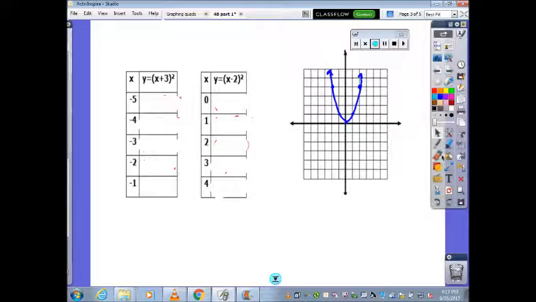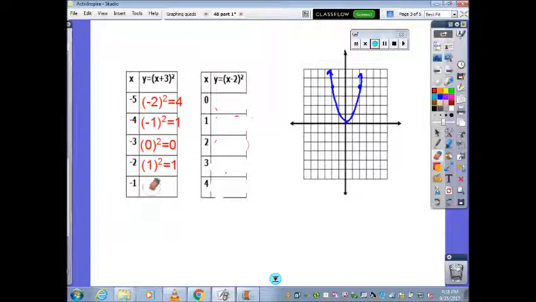Let's look at our transformation now, our h's. How does that move our graph? So we put in -5. -5 plus 3 is -2 squared, which is positive 4. -4 plus 3 is -1 squared, which is positive 1. -3 plus 3 is 0 squared, which is 0. -2 plus 3 is 1 squared, which is 1.